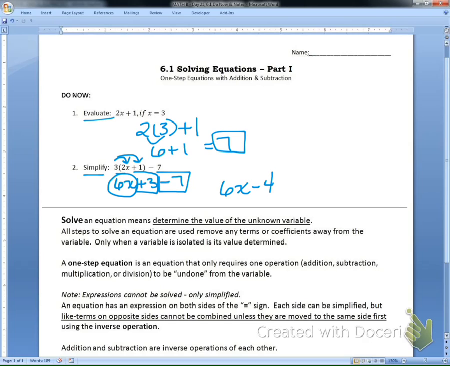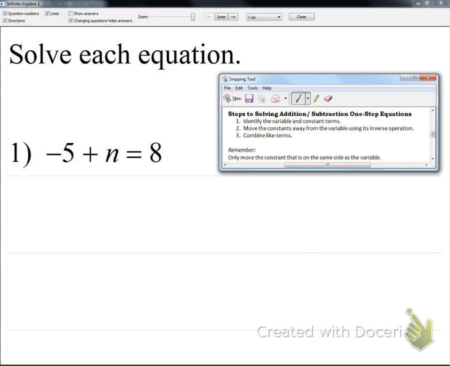Now the steps to solving an equation are still on this note page, but I'm going to bring it over to our first example problem on the practice page. Okay, so I'm looking at the first problem on your practice page, and in the box on my screen I have the steps for solving addition and subtraction one-step equations that is also listed on your notes page.